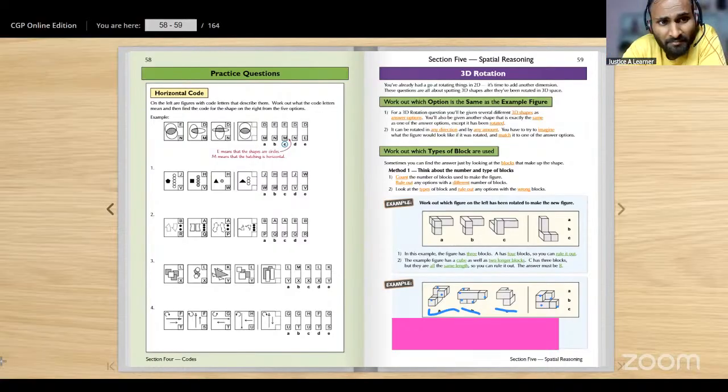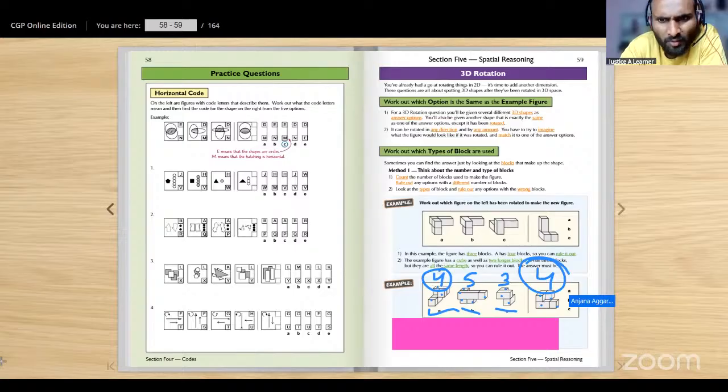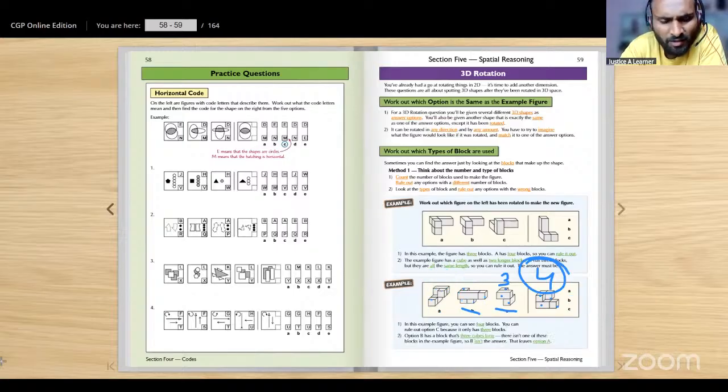Why A? Because all of the rest have five blocks. What about B? Count again.